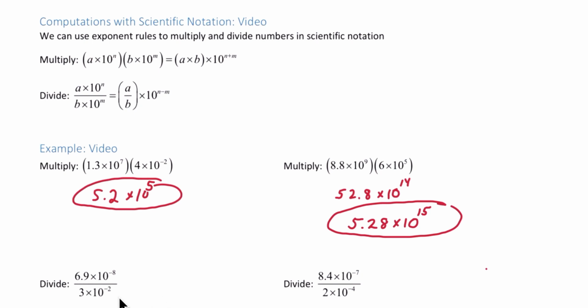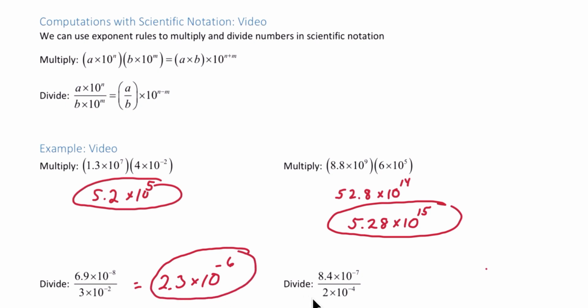With the division, 6.9, we'll simply divide that by 3 and get 2.3 times 10. And remember, when you are dividing powers of 10, we subtract the powers. So negative 8 minus negative 2 is really negative 8 plus 2, giving us 10 to the negative 6.